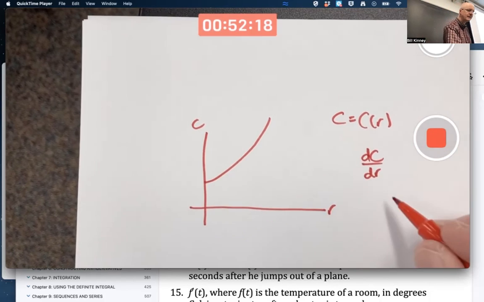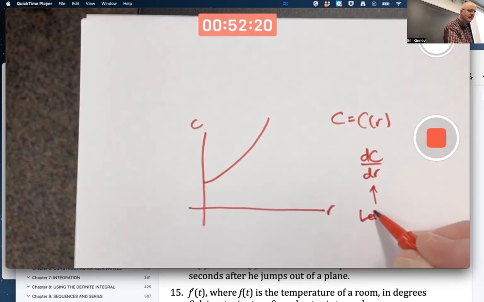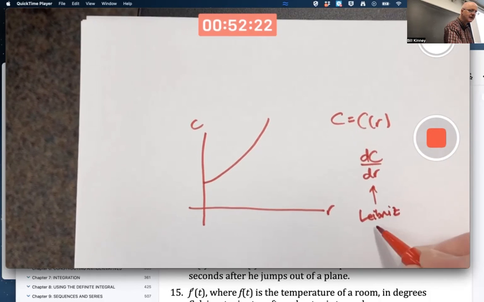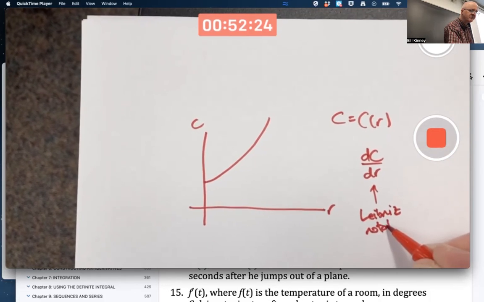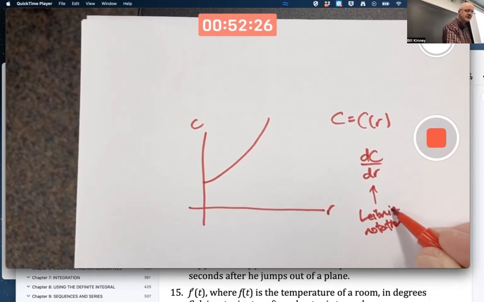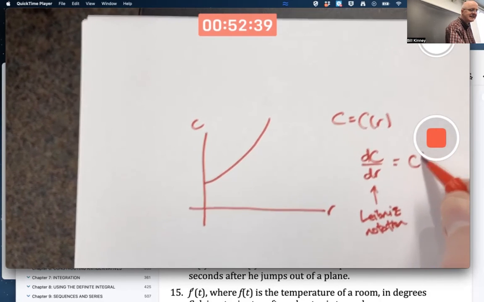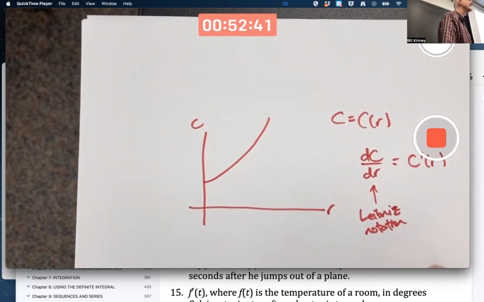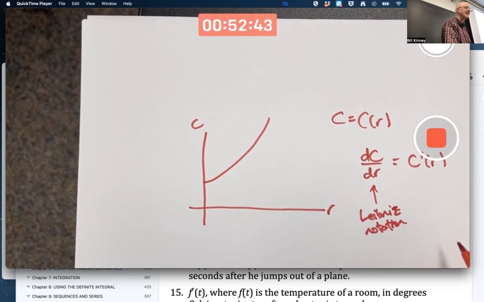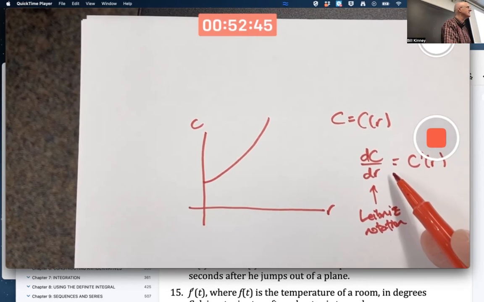Again, this is called Leibniz notation. Leibniz is a co-inventor of calculus along with Newton. They both lived about 350 years ago. That's when they were in their prime, pun intended. It looks like a ratio.